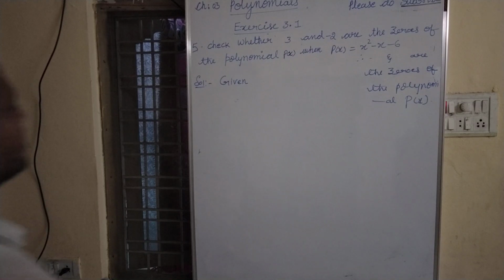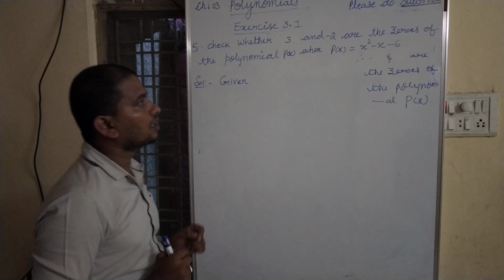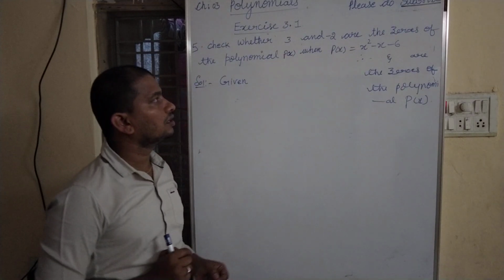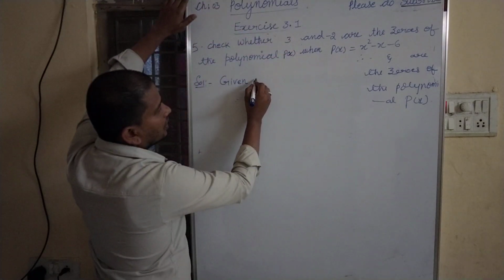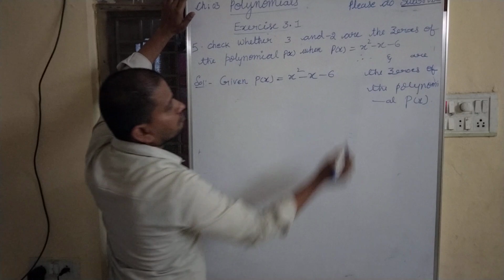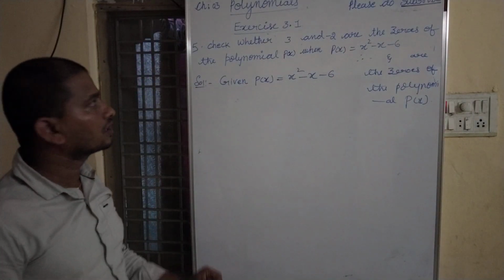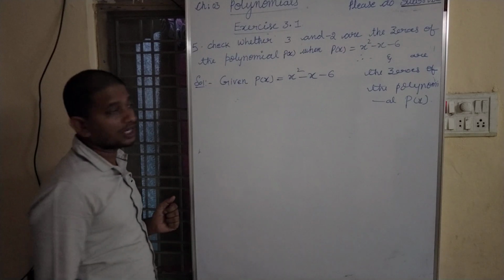The fifth question is: check whether 3 and minus 2 are the zeros of the polynomial p of x, given p of x equals x square minus x minus 6. As in the previous question, put x equal to 3.